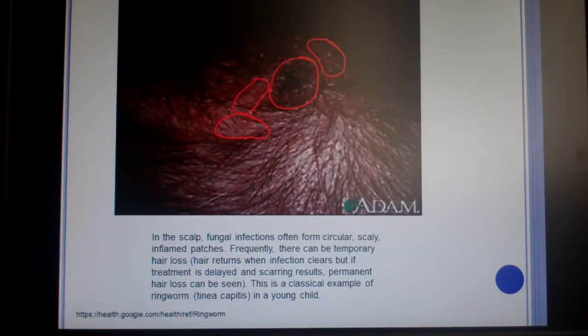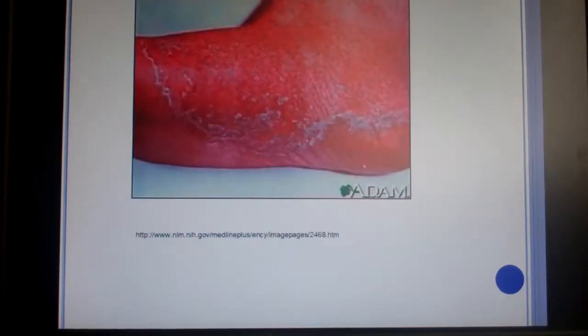You can see these different areas where the hair is definitely thinned out compared to other areas of the head. Okay, but you can cause scarring, and permanent hair loss can be seen if this is bad enough and lasts long enough.